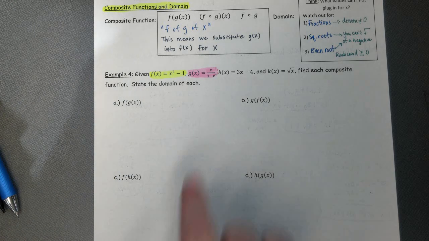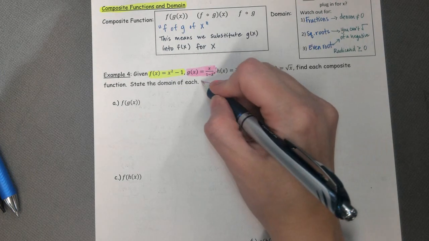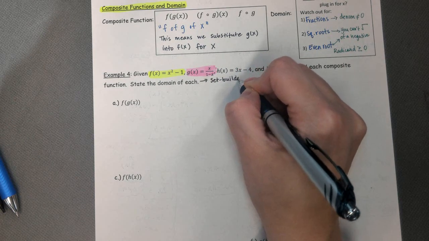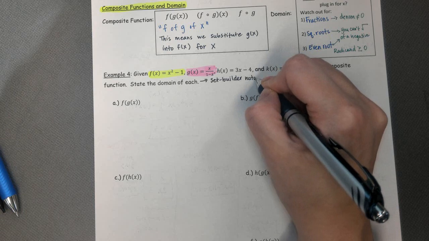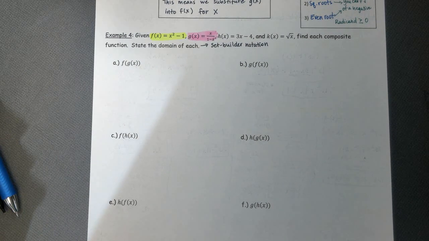And it says to state the domain of each. Anytime you find the domain, we're going to write that in set builder notation, which is simpler of the two, especially in this case. Okay?